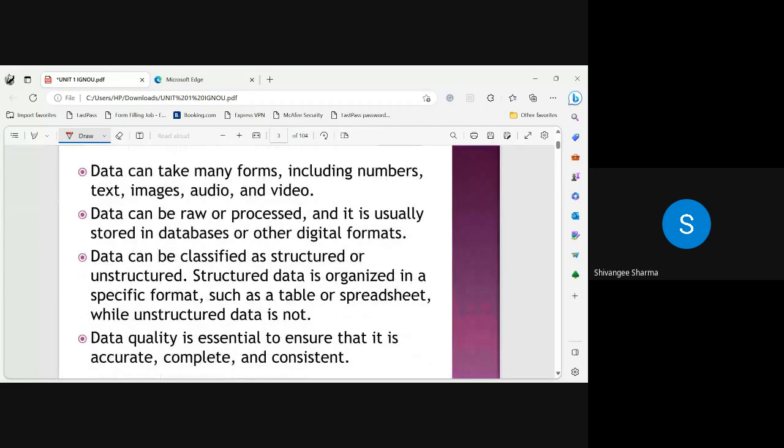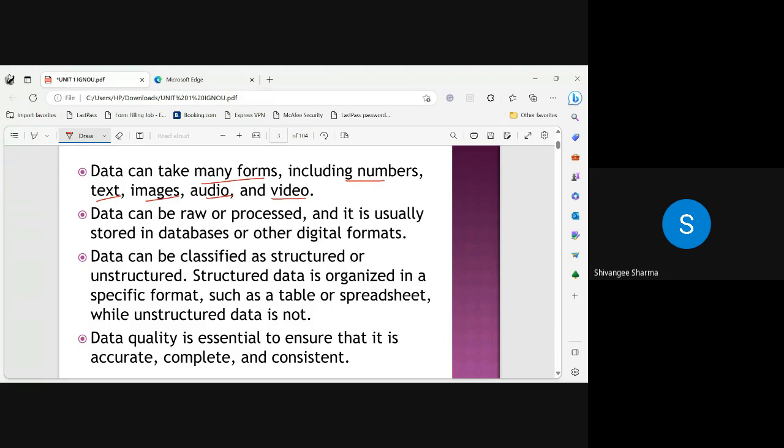Now, data can take many forms. It can be anywhere and it can take many forms. It can include numbers, text, images, audios, and videos also. Right? You might raise a question over here that how can the data not be in the form of numbers? Yes, it can be, many times.